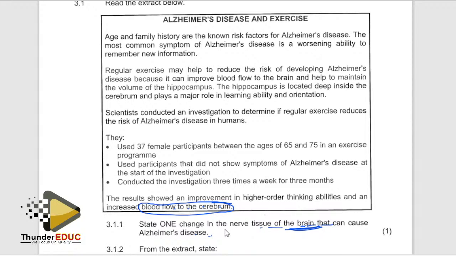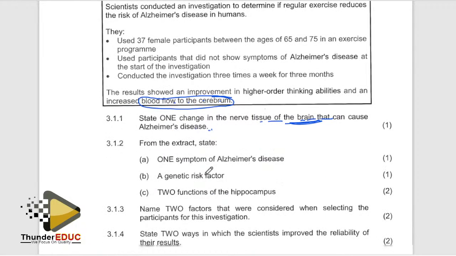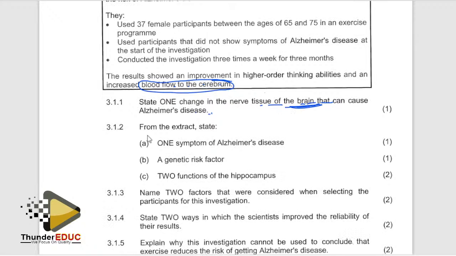Because once you increase the blood flow, you tend to forget about Alzheimer's disease. You understand? But the moment the blood flow to the cerebrum reduces, automatically the person is going to suffer from Alzheimer's disease.